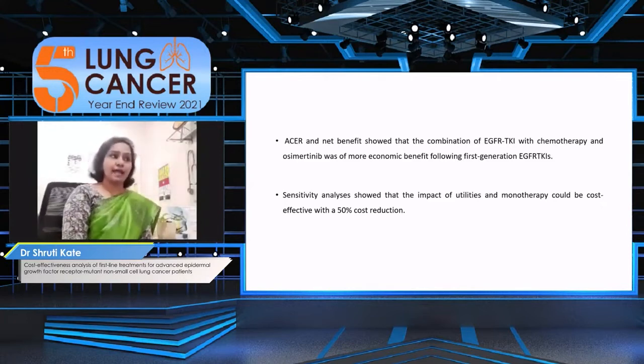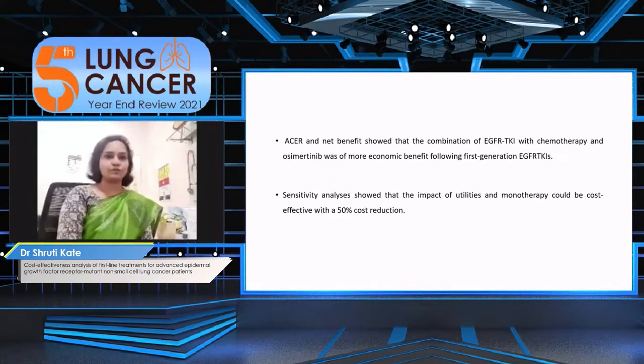They were specific in that they said that for dacomitinib a cost reduction of around 47% and for osimertinib a cost reduction of around 51% would actually change the data here, but as of now these are not cost effective if you look at the overall survival advantage that they give.